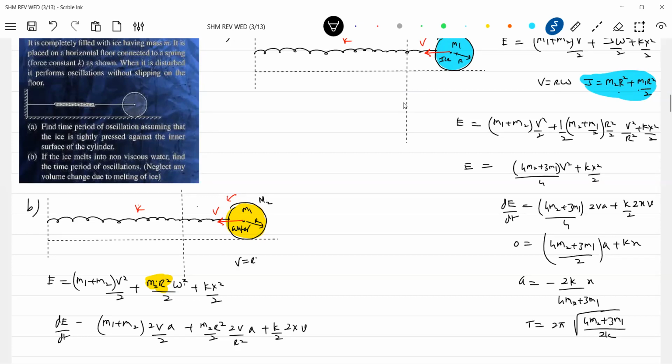Since v equals r omega, we have replaced that omega as v square by r square. So that's all the condition. Then this will become 0 is equal to m2a plus kx.